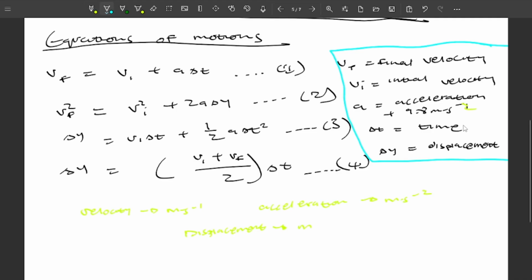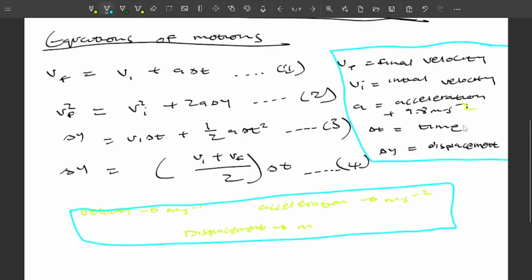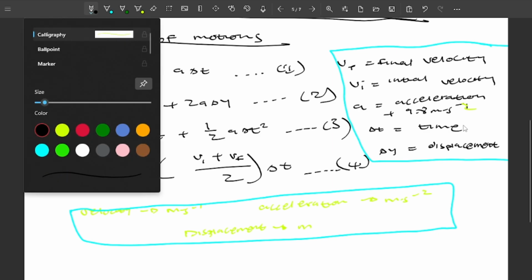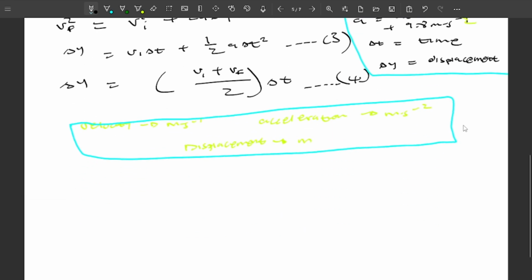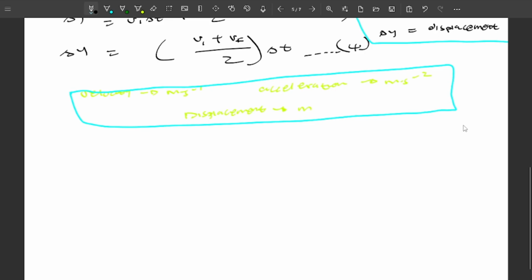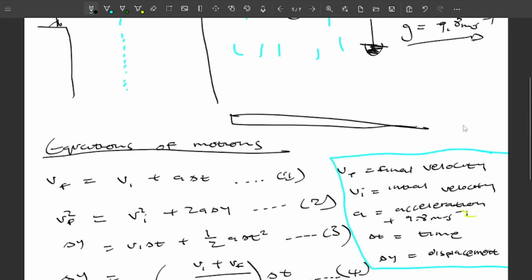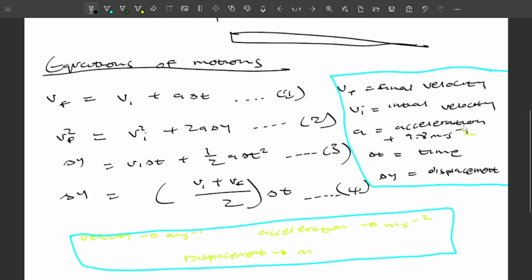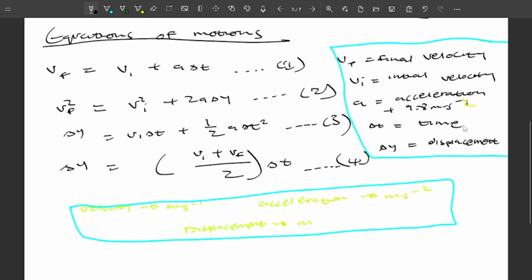So these are the units. You have to also know and write those units because they're important. They may seem small now, but once you get to tertiary, you will see that they are important. So this is basically what you have to know for the introduction of the equations of motion. Now, we're not done. We're just beginning, right?